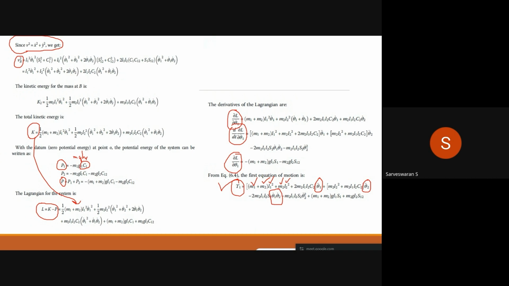The meaning of this is your Coriolis component. Can anyone tell me where you find the Coriolis component? Since you are all from mechanical, where have you heard of the Coriolis component?